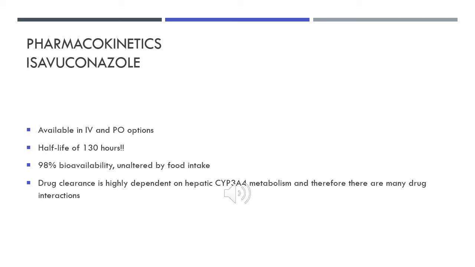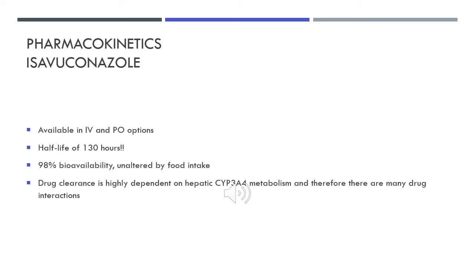Another name for isavuconazole is Cresemba, with a C. I'm just mentioning it because these are newer drugs available in both IV and oral options. I believe the oral option is a capsule. Don't think I'm going to ask you that, but I'm just trying to remember for myself. Half-life of this drug is an impressive 130 hours. That's not a typo. It has 98% bioavailability. It's unaltered by food intake.